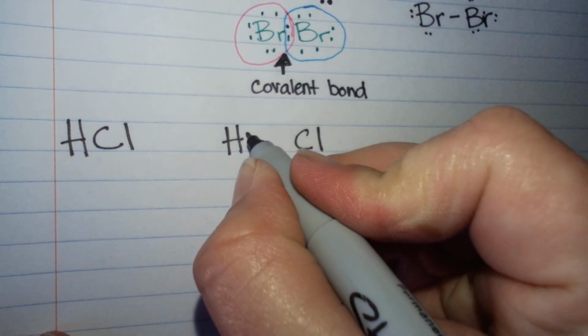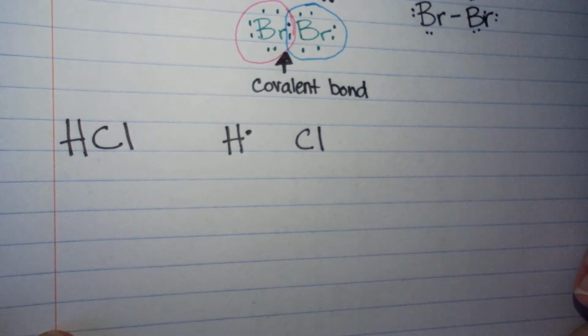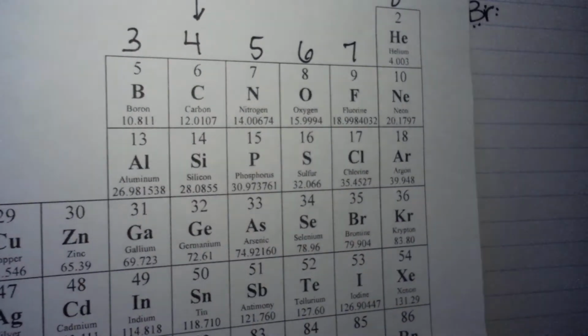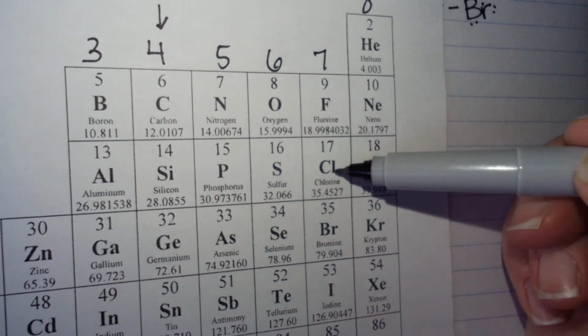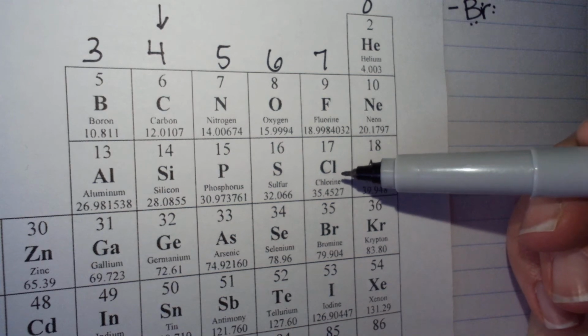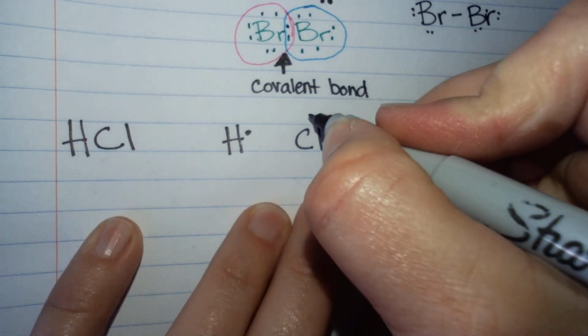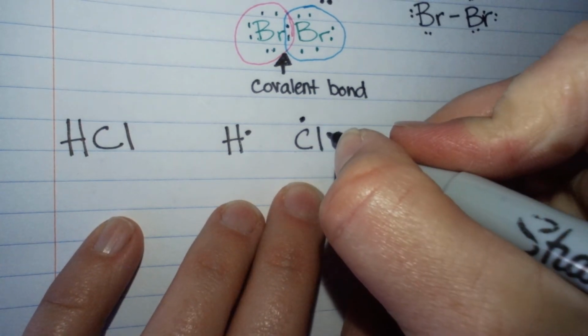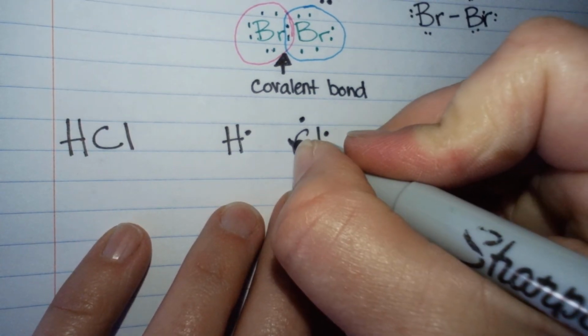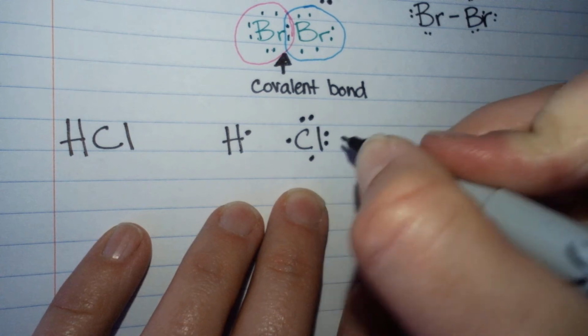So we come and we do its Lewis structure. 1 valence electron. Chlorine is right here. What group, how many valence electrons does it have? 7. So it's really close to being a full octet. 1, 2, 3, 4, 5, 6, 7.